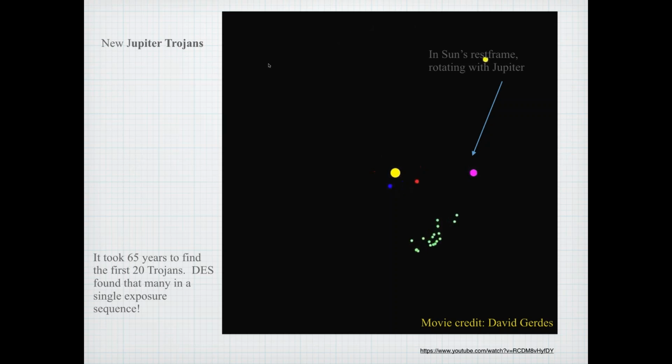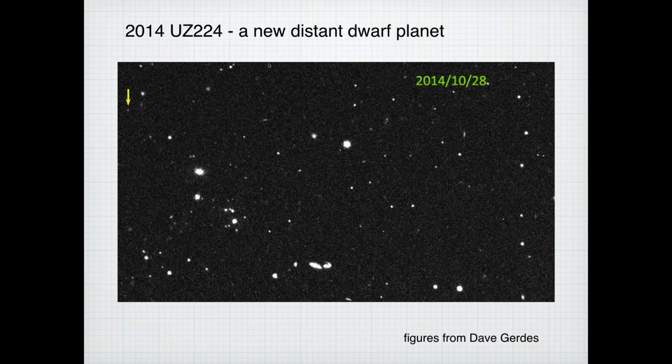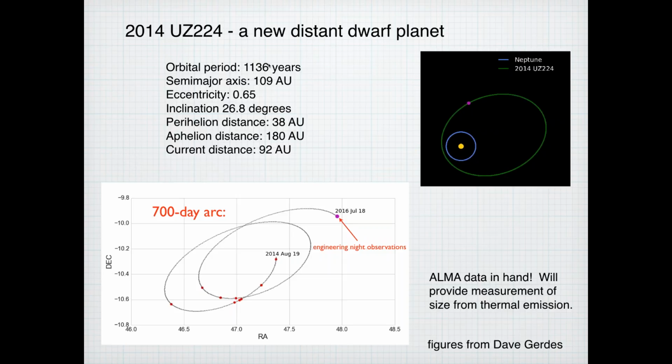This is consistent with an object that has a semi-major axis of 109 astronomical units, perihelion distance of 38 AU, aphelion of 180 AU, and an orbital period of over 1,000 years. The current distance is 92 AU, and we were able to find it. I think it's the second most distant solar system object found during discovery. So 92 AU is the second farthest that we've seen in our solar system.